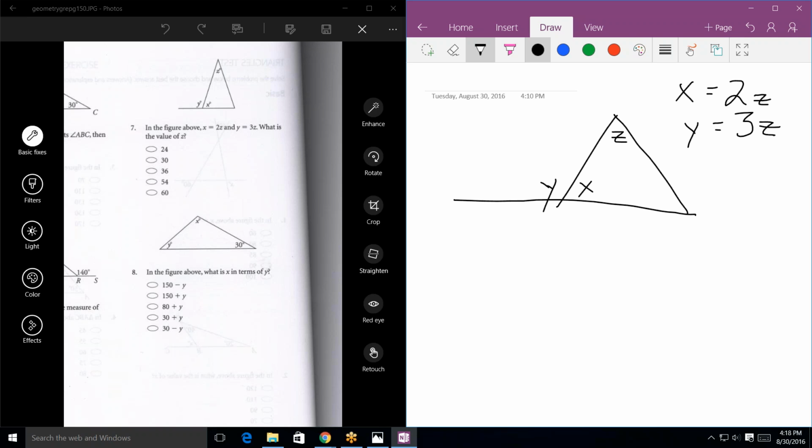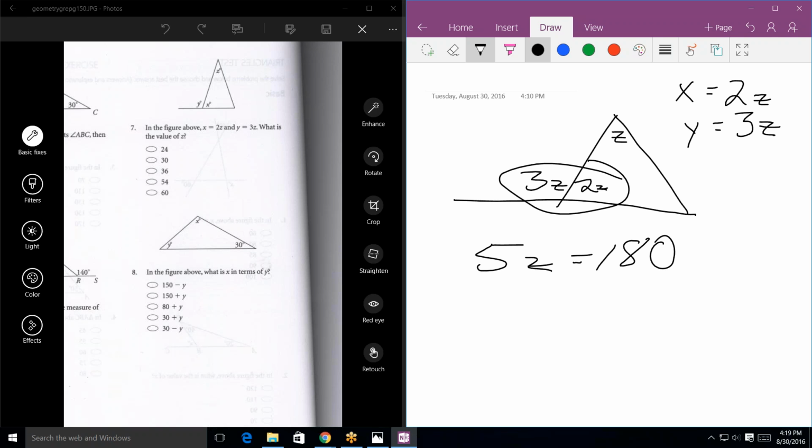Well, hold on. I see where you're going. In other words, you're substituting for the x and the y. For x, you're going to write 2z, and for y, you're going to write 3z. And now you know that those add to 180, so you get 5z equals 180.